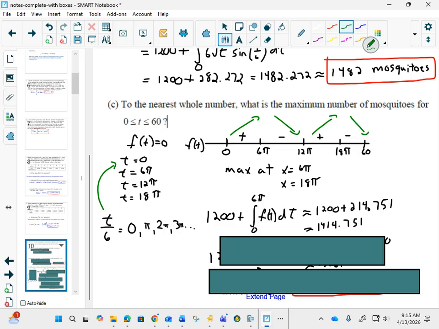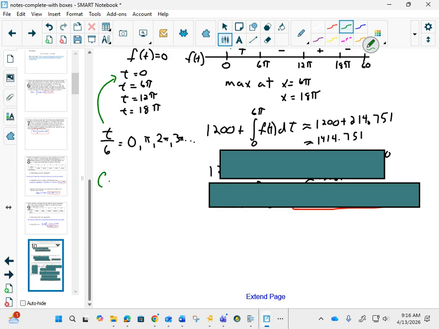Although, just because I've seen students lose marks on the exam for this, I would actually check 0, 6 pi, 12 pi, 18 pi, and 60.